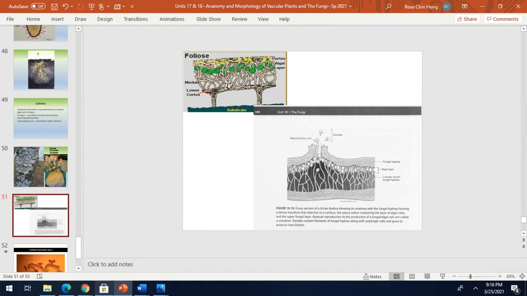And then you have the other layer, which is the fungal layer. And here, in figure 18-19, you see a cross-section of the lichen thallus. It shows the anatomy, where the fungal hyphae form the dense mycelium and attach to the surface. And then these things, soredia, once they pop out, are asexual reproduction. That's a reproductive unit.